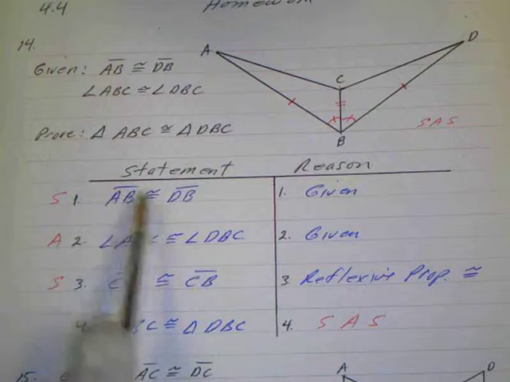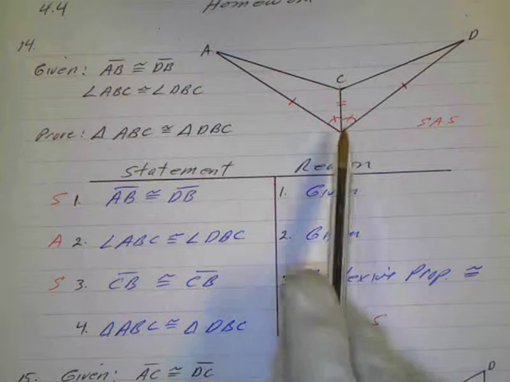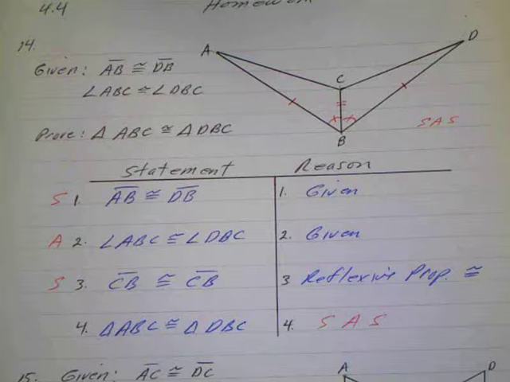Make sure you put the little line marks over the segments. Don't forget those. And a nice sketch, labeled and neat. You have to do all this stuff to have a good proof. And when we grade these things for quizzes, we'll be checking all these little details. Everything will be worth points.